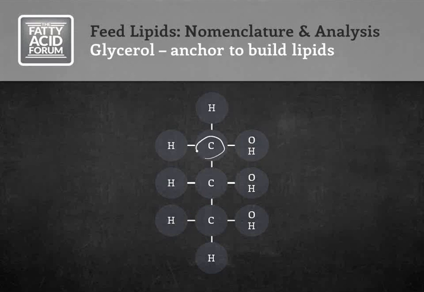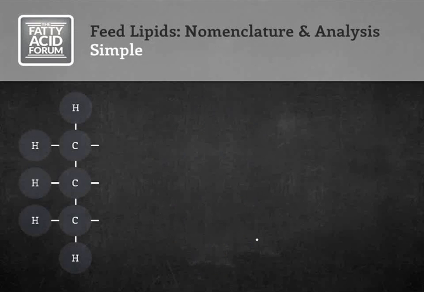So the anchor or the backbone to the lipids that are important to the animal is glycerol. The structure is shown here with its 3 carbons, and to each carbon is attached a hydroxyl group. And we can build the simple and compound lipids just by replacing one or more of the hydroxyl groups with another lipid or carbon component.